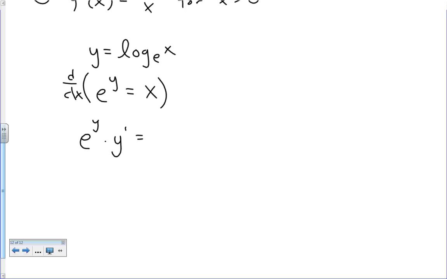And on the right side, the derivative of x is just 1. We're trying to find what y prime is equal to, so solve for y prime. It's going to be 1 over e to the y, and replacing y with what we said it was equal to, the log base e of x.